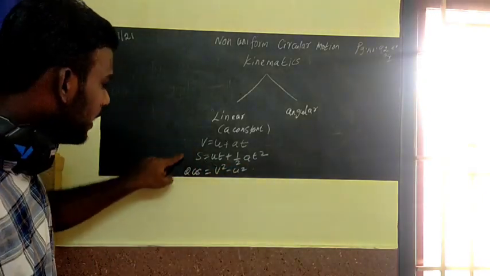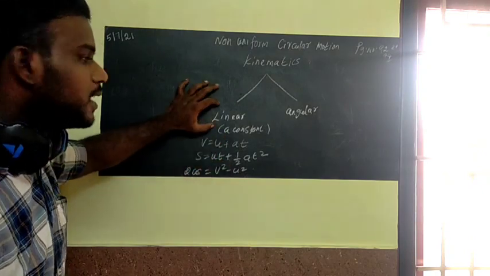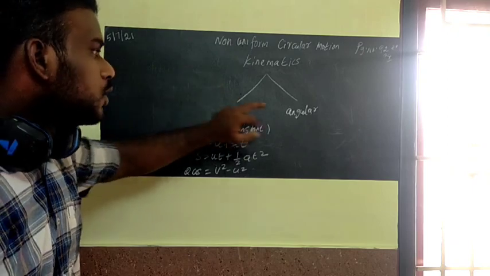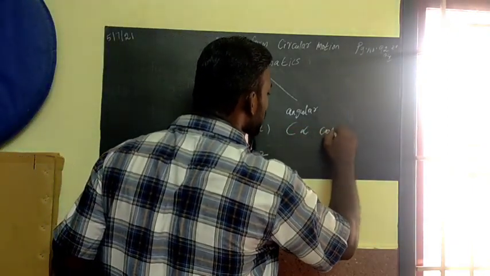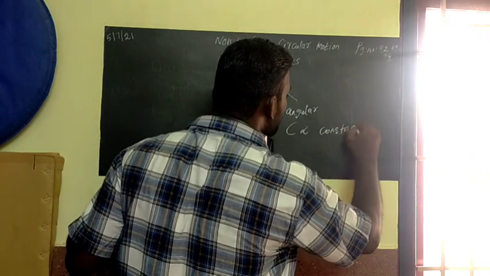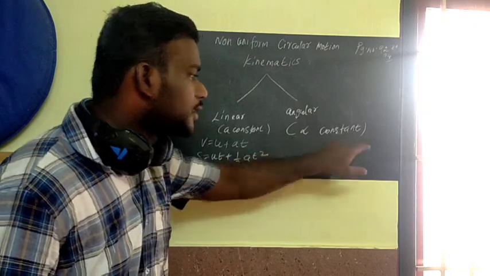We can use these equations by taking the acceleration as constant in the case of linear motion. Coming to angular circular motion, we take alpha constant. What is alpha? Angular acceleration is constant. Here the linear acceleration is constant, and here the angular acceleration is constant.